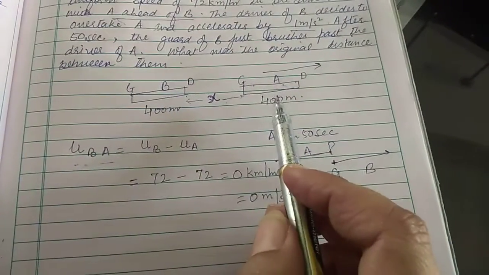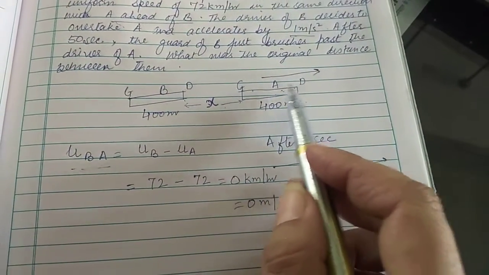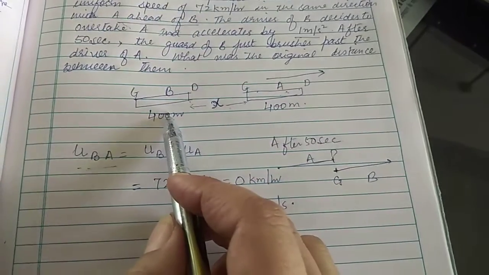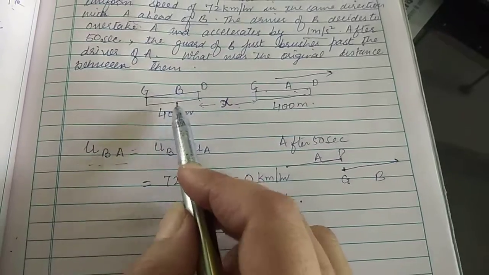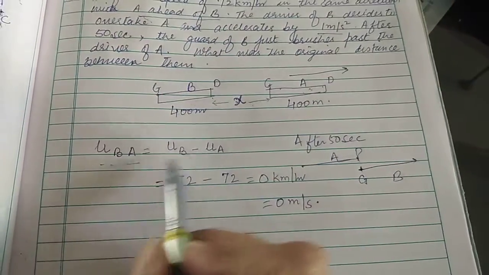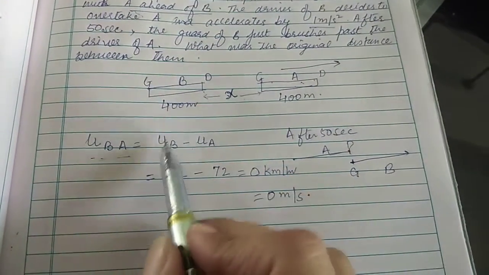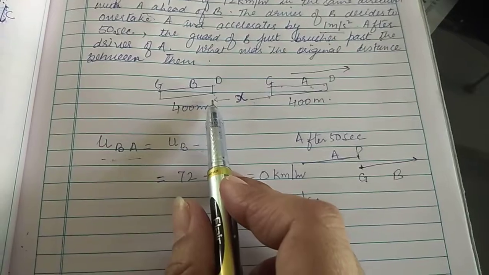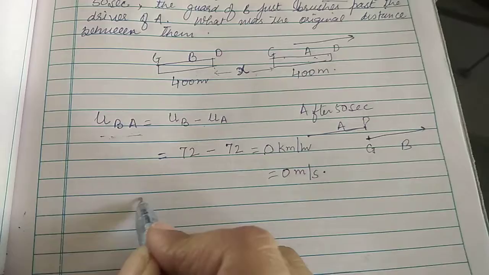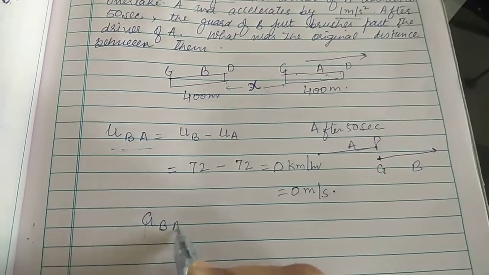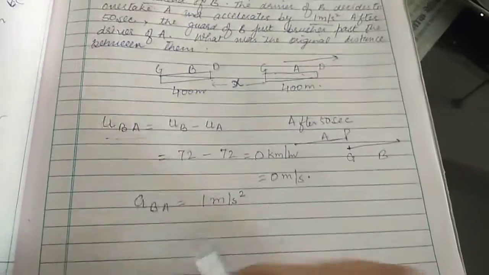I already told you that whenever we use the concept of relative velocity, we consider the observer to be at rest, and the other body moves with the relative velocity. Now, when the driver of B has decided to overtake, at that moment the initial relative velocity of train B with respect to A is 0, and the acceleration of B with respect to A is 1 meter per second square.